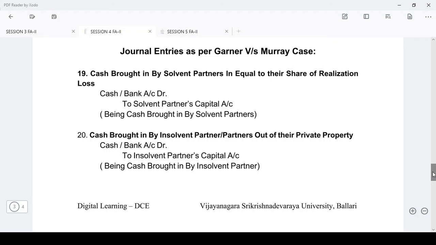And the next entry is, sometimes an insolvent partner will be in a position to bring something from his private estate. If an insolvent partner is able to bring something from his private estate, even for that we need to make an entry, that is cash or bank account debited to insolvent partner's capital account.